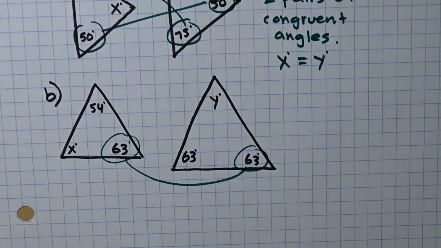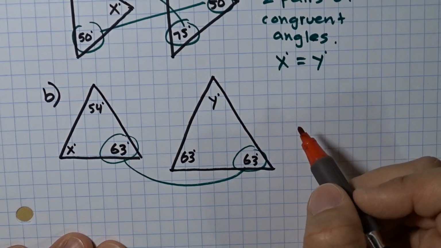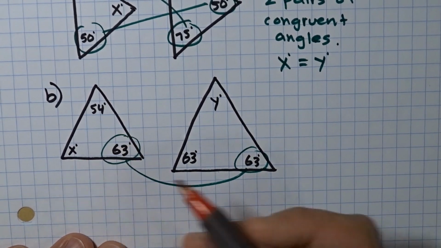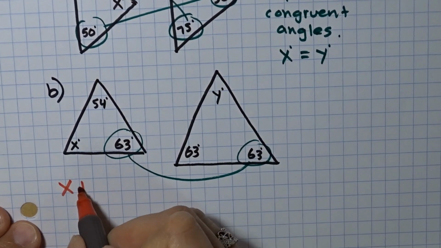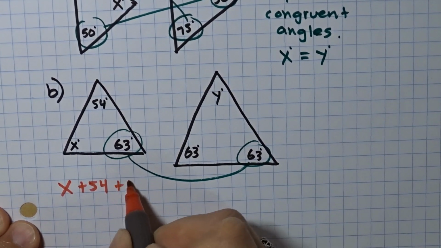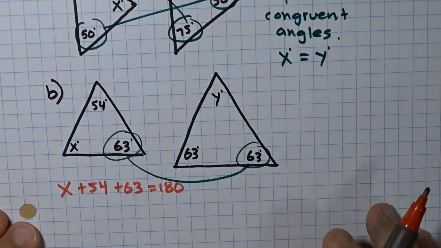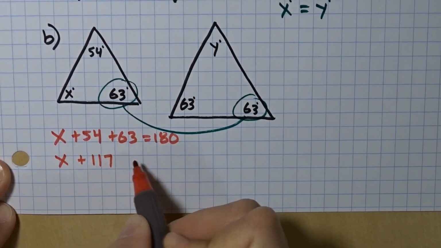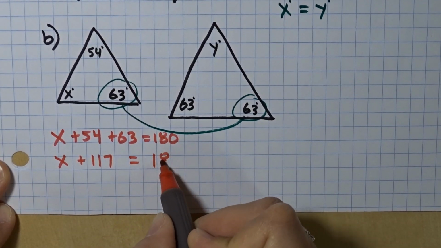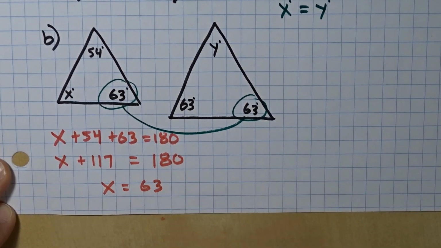So we're going to use what we previously know, which is if you have two angles, you can find the third one. So let's find X. X plus 54 plus 63, we know should all equal 180. And that leaves me with X plus 117 equals 180. Subtracting from both sides, you get X equals 63.